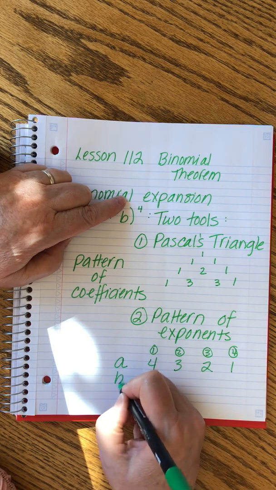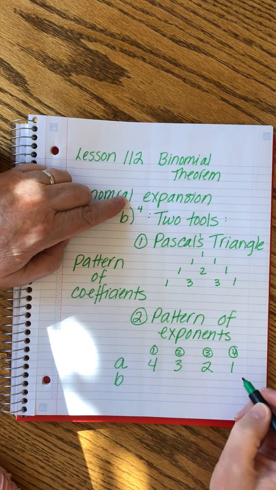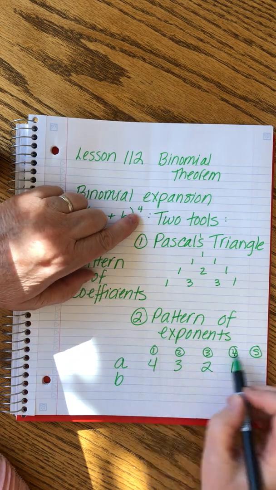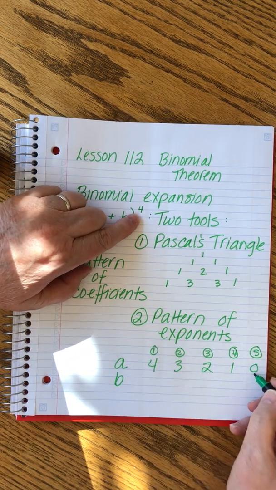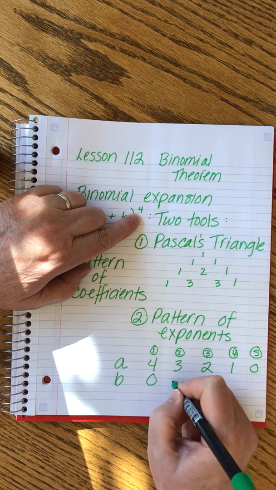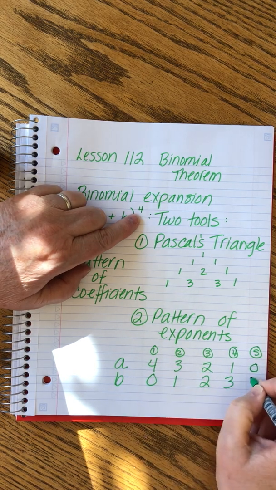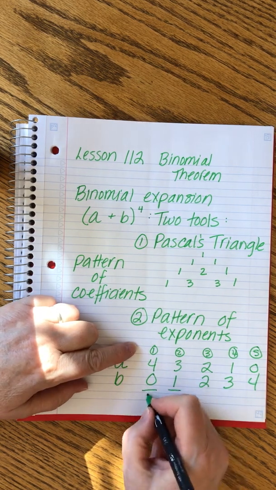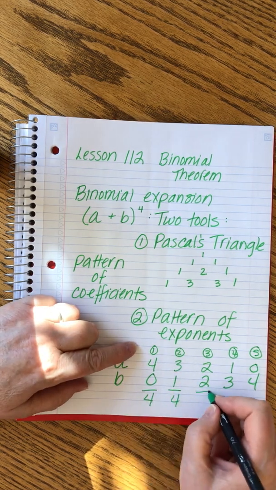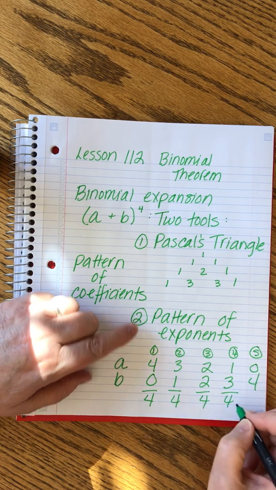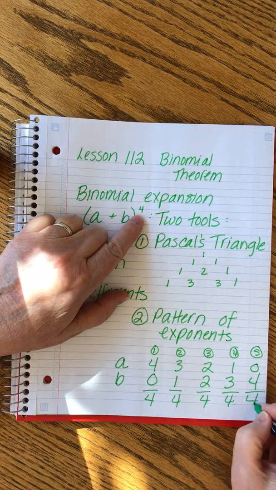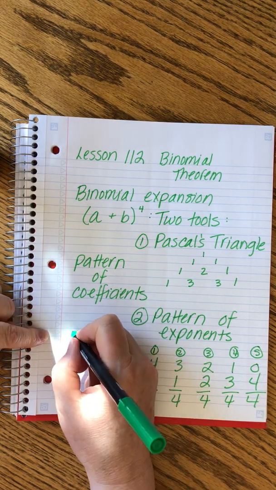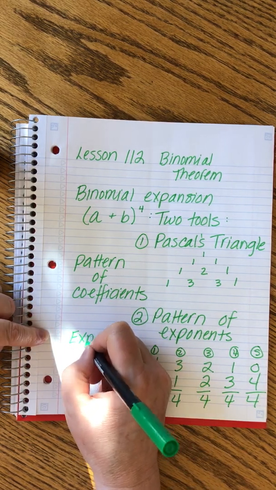And then for the b coefficient, remember that if we're raising to the fourth power, we actually have 5 terms because there's one term where that's 0, and then the b terms go up, right? And we notice that the total exponents for each term always equal the power that we're raising it to. And this gives us the exponents themselves to put on each term.